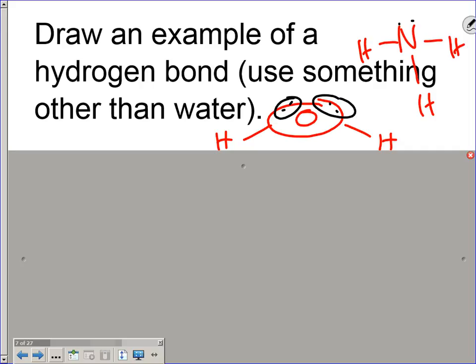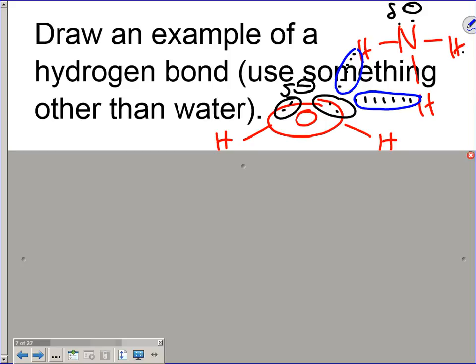The hydrogens, because this is a partial negative, and these guys have partial positives because the nitrogen up here has a partial negative. So this partial negative here would attract to that H, or maybe even this H2, depending on how they're oriented. But the hydrogen bond is literally this part right here. It's not really a bond, it's an attraction. It's the force of attraction, that's all it is.